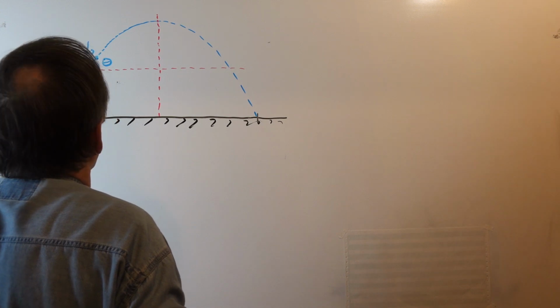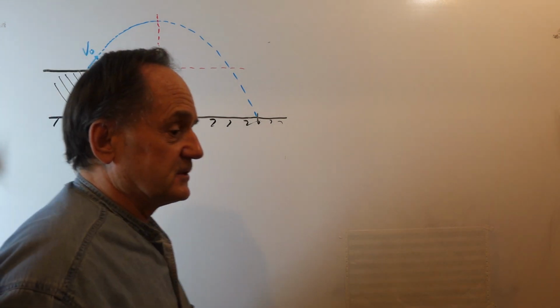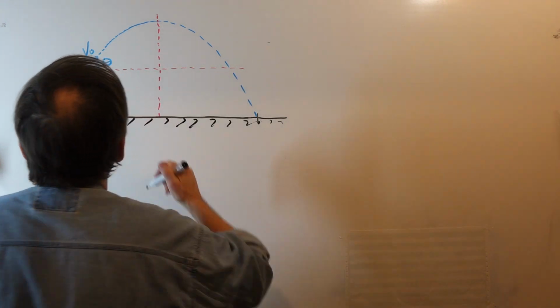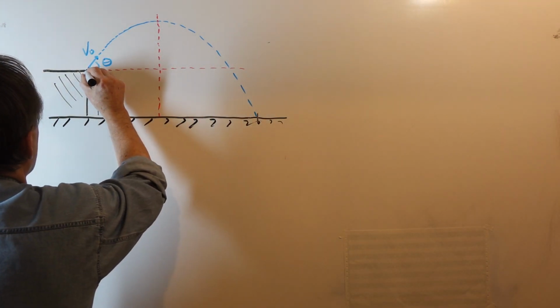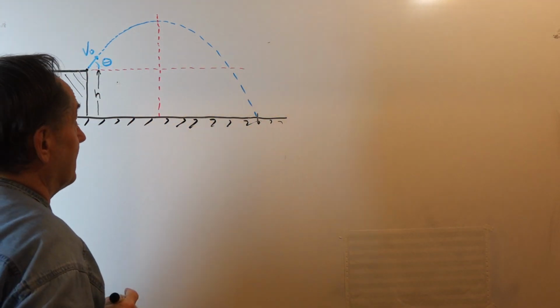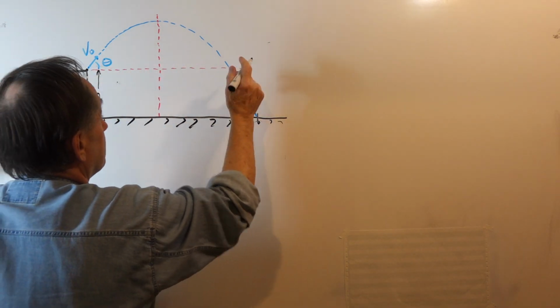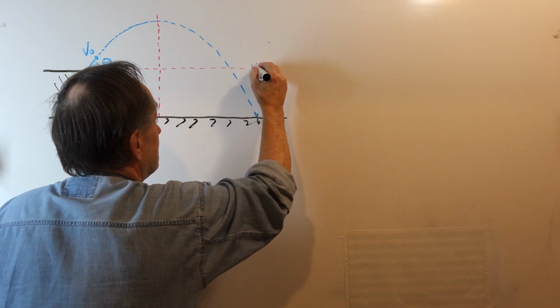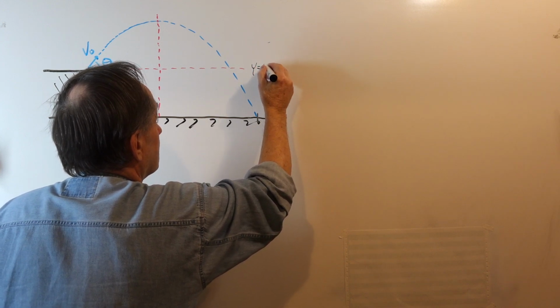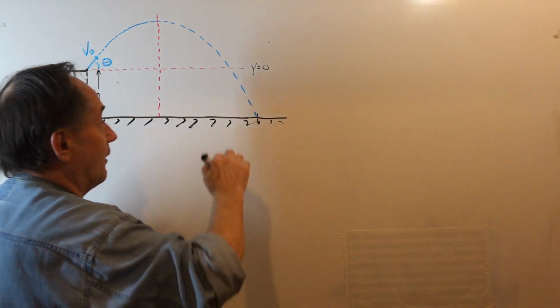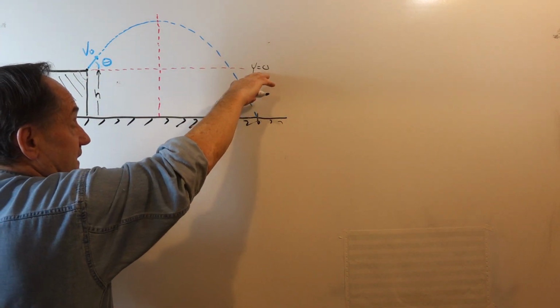When solving any ballistics problem, we want to set up a coordinate system. So we'll start our coordinate system here at the edge of the building. That will be our reference. Height-wise, we'll choose y equal to 0 at the height of the building. It doesn't have to be there.